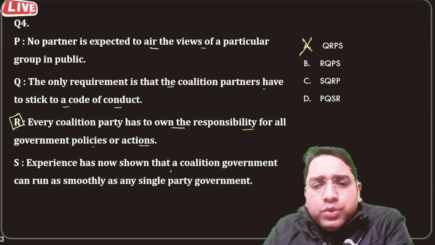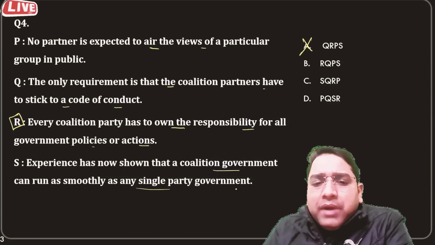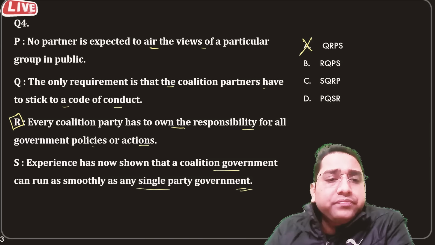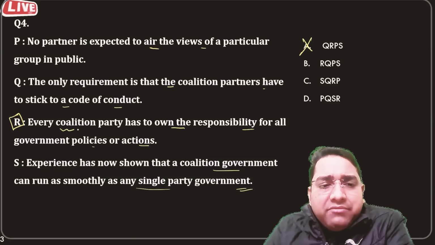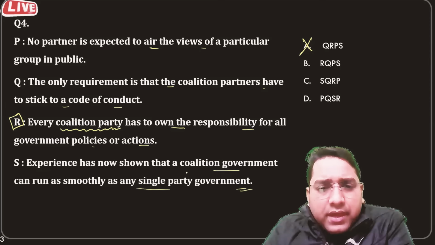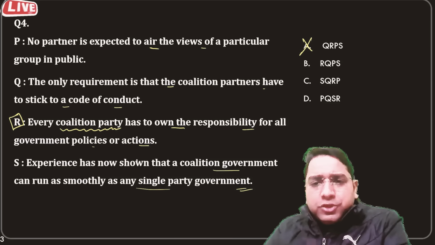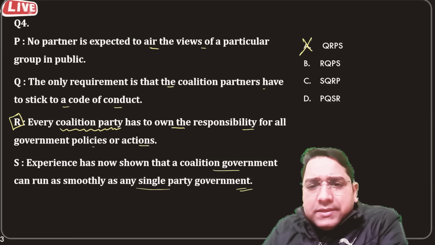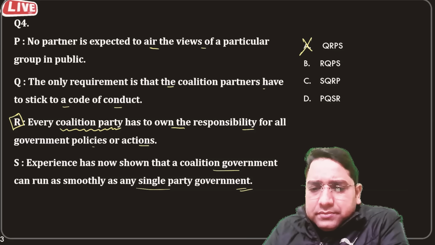Experience has now shown that a coalition government can run as smoothly as any single party government. Very good. Here it is talking about every coalition party, and here it is showing coalition government can run. So what do you say? What should be the best answer for this? Any idea?